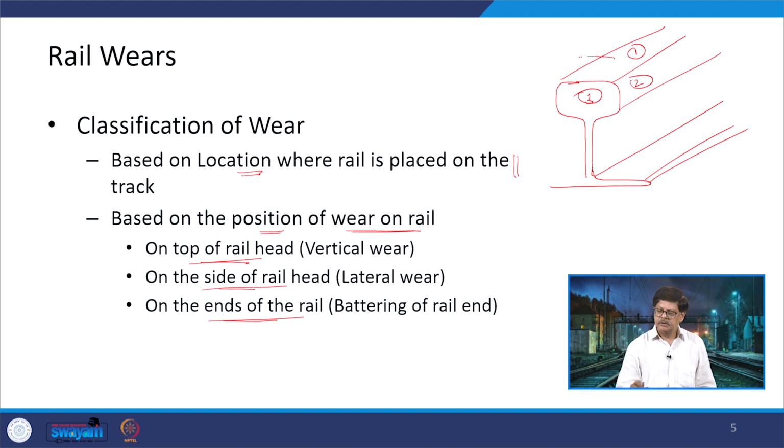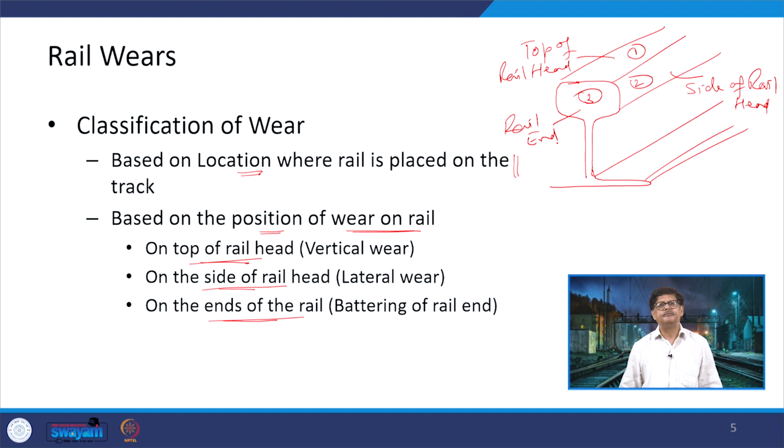So, this is the top of the rail head. This is the side of the rail head, and this is the rail end. So, any of these locations positions can be there.